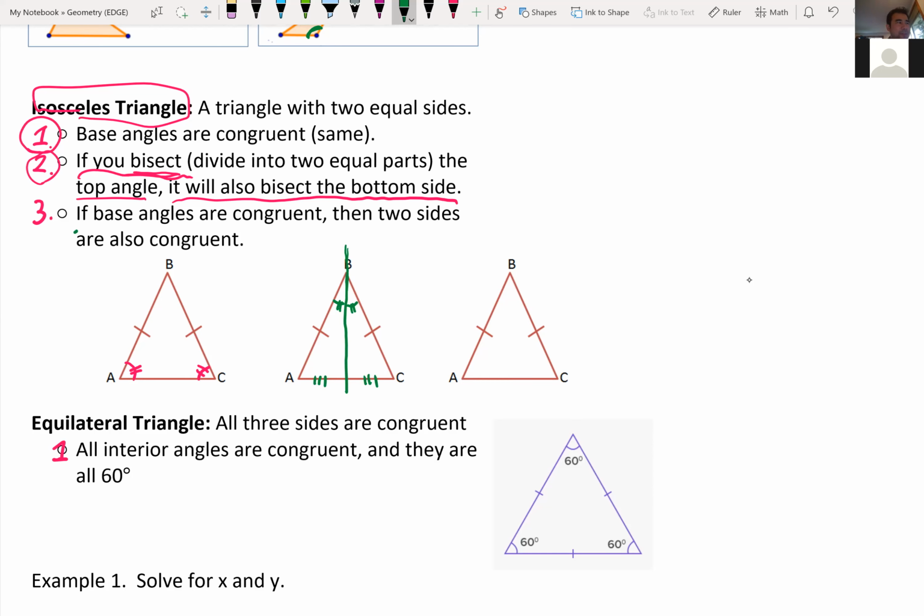It doesn't happen to all the triangles, okay? For example, let's say if you have a right triangle, if you cut it in half, would that cut the bottom side in half too?